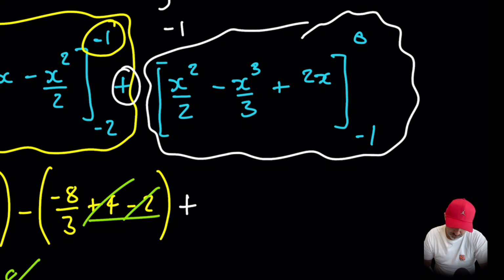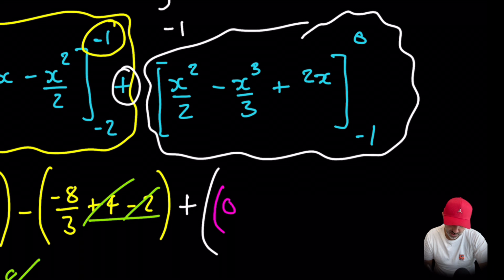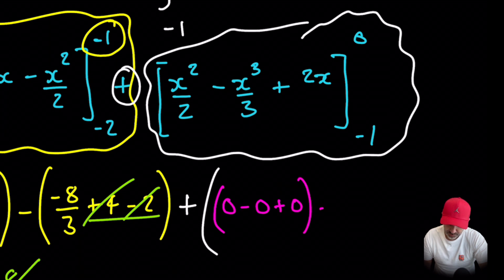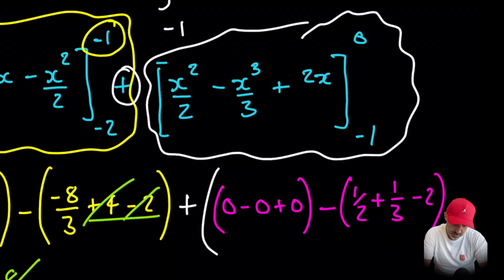Right, so we've got to do this all over again. So I'm going to open large brackets, but don't forget we're going to have to substitute 0 in first. So it will be 0 minus 0 plus 0, so that's all 0. Subtract, plug -1 in. So that's going to be, close larger brackets because you're subtracting.